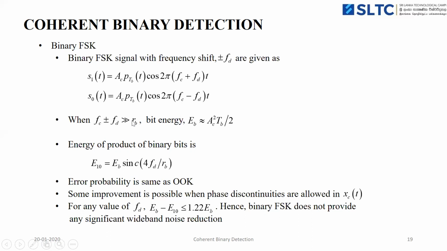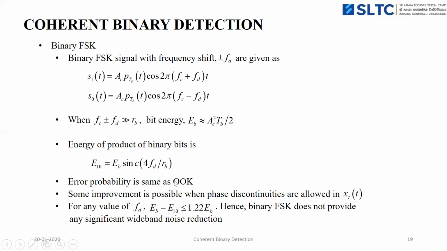And the sum of the carrier frequency and fD is much greater than Rb, and the bit energy for FSK is approximately equal to Ac squared Tb by 2. Then the energy product of binary bits, that is E10, equals EB sinc of 4 fD by Rb. And here the probability of error is the same as OOK modulation.